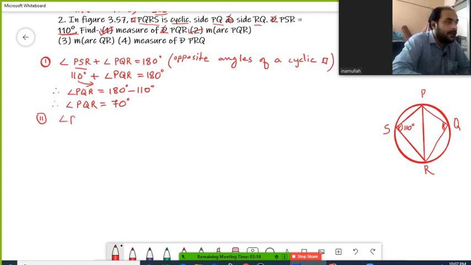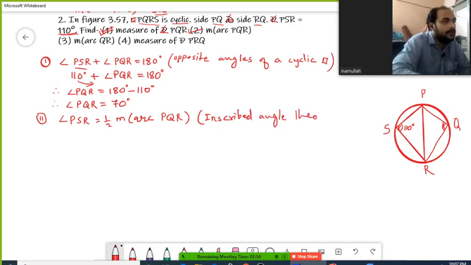Angle PSR is half of major arc PQR, and here you can mention the inscribed angle theorem. This angle PSR is already given as 110 degrees.